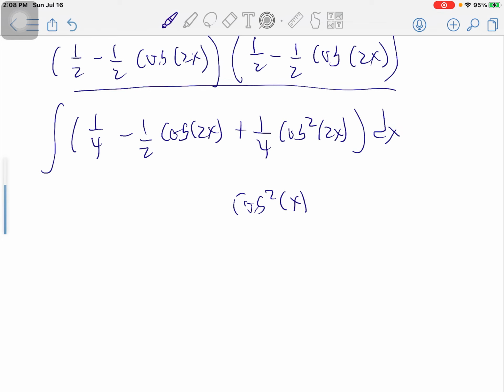So in this case, we are going to do another substitution of cos square of x, which is equal to 1 over 2 plus 1 over 2 cos 4x, because cos 2x has an even power.